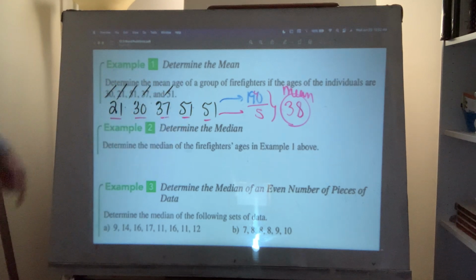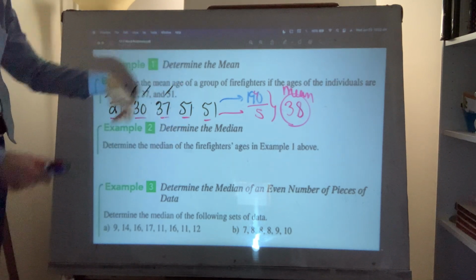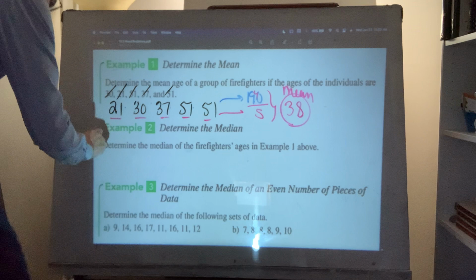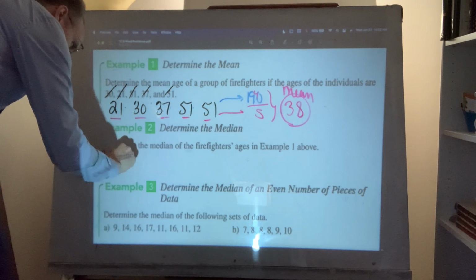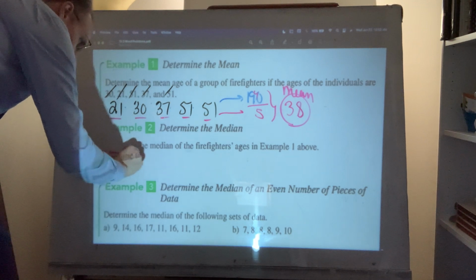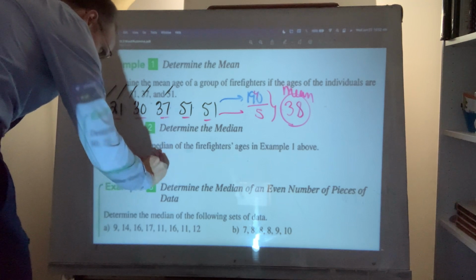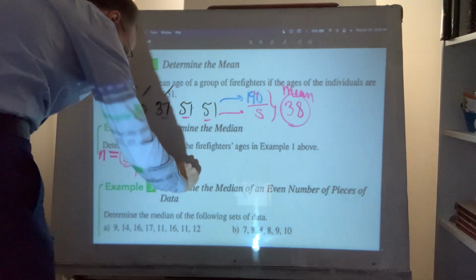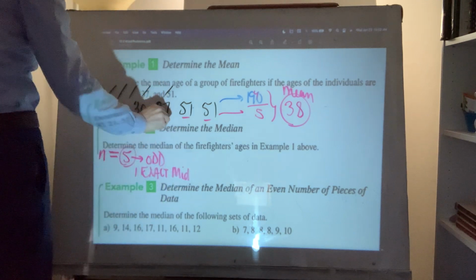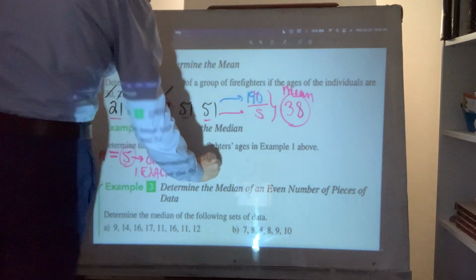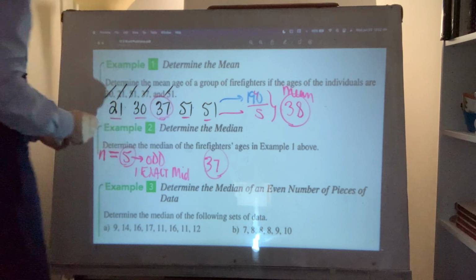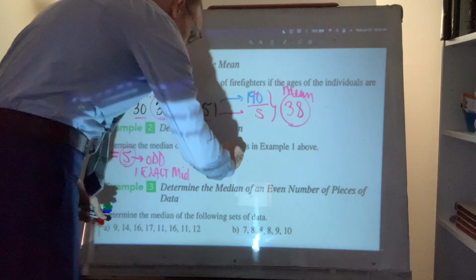If there is an odd number of data, the cardinal number is equal to 5, so therefore this is odd. That means that there's one exact middle, which means that the median in this case would be 37.